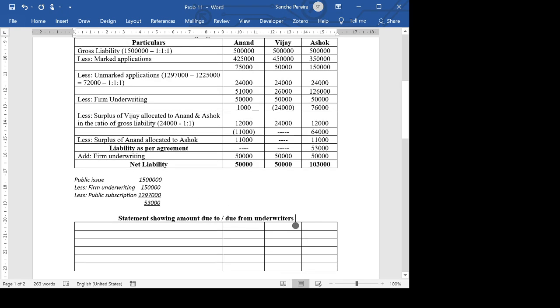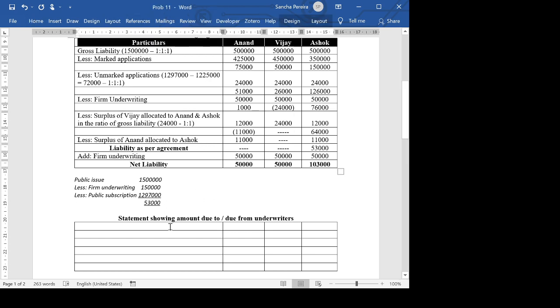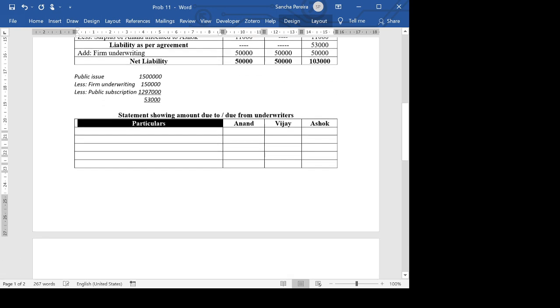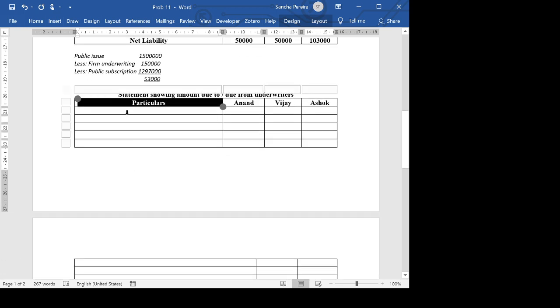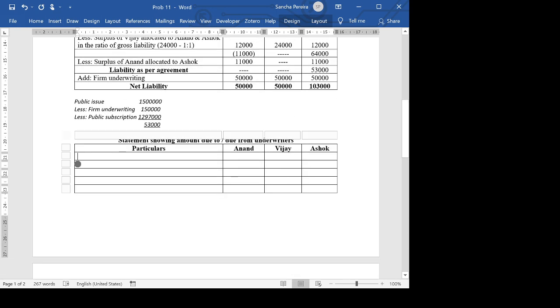We have the particulars: Anand, Vijay, and Ashok. We start with the answer of the previous statement. So the number of shares to be subscribed by the underwriter: in case of Anand it is 50,000, Vijay 50,000, and Ashok 1,03,000.